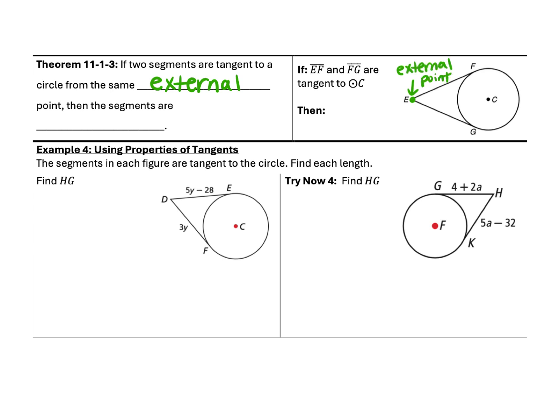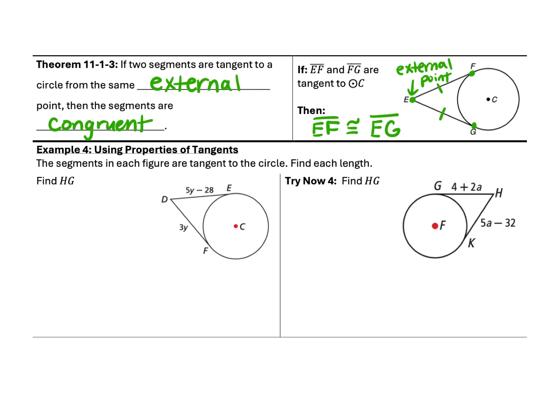Theorem 11.1.3 states that if two segments are tangent to a circle from the same external point, then the segments are congruent. So if we know that they're both tangent to the circle at different points, we know that these two segments are congruent. So segment EF is congruent to segment EG.